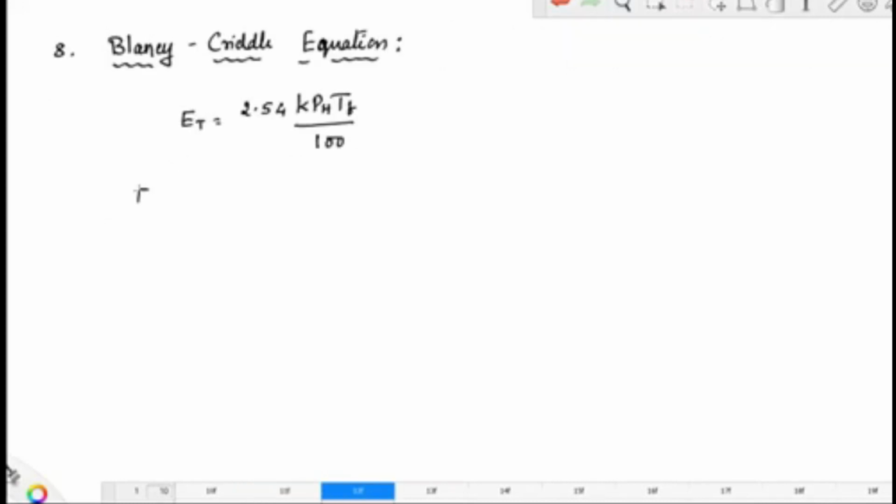So ET is evapotranspiration in centimeter.